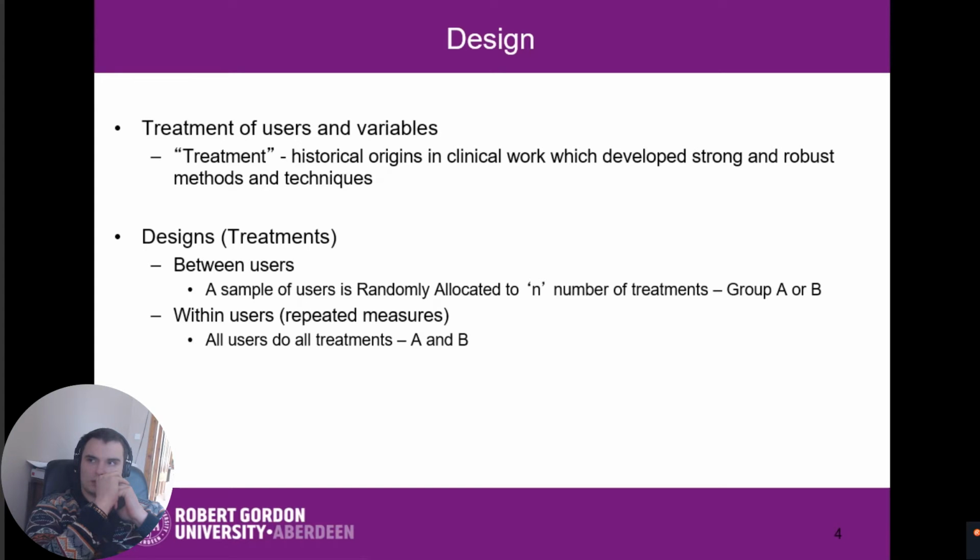What happens with between users is that you have a sample of users, and you randomly allocate a number of them to a bunch of treatments, A or B. You can easily think about this as interface A or interface B. So you have, let's say, 60 people, and you allocate 30 to group A and the other 30 to group B, make them do stuff, and then compare their performances in order to answer the question, is there a difference between A and B?